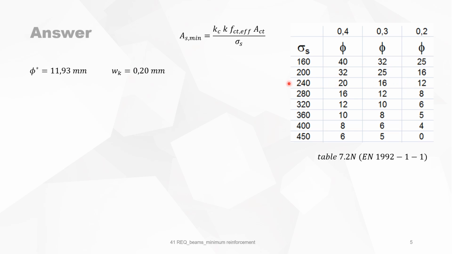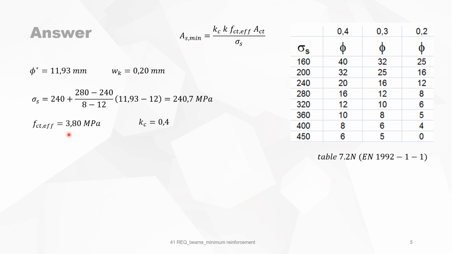But just to show how it works, I used the calculated one, 11.93. It's just an interpolation from the table with those two values, and it gives you 241 megapascal. We have seen fct,eff was 3.8, kc was 0.4.